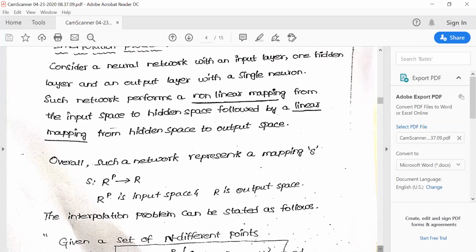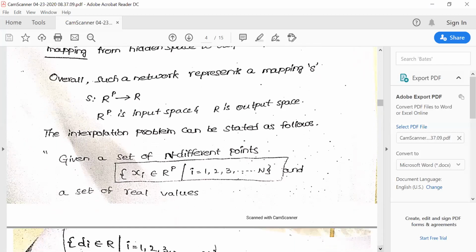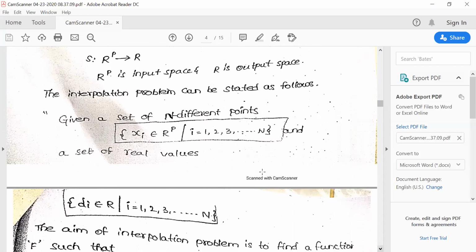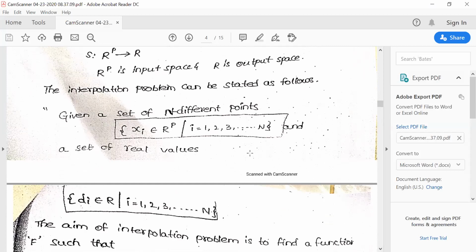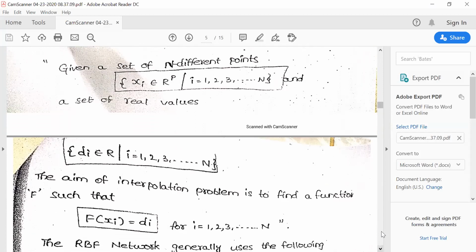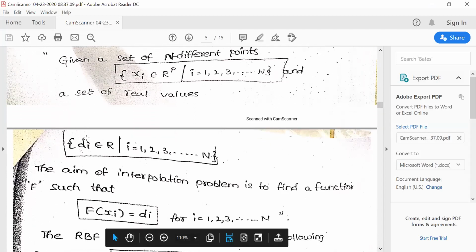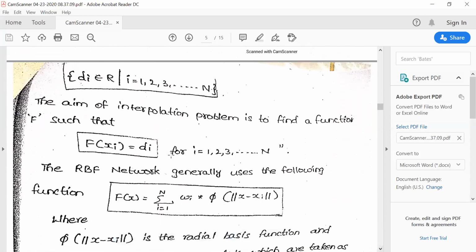The interpolation problem says that if there are n different points in space R power p, let us say xi are n different points which belong to this R power p domain, the set of real values, and also we have di belonging to some R domain, the problem is to find a function f in such a way that f of xi is equal to di.